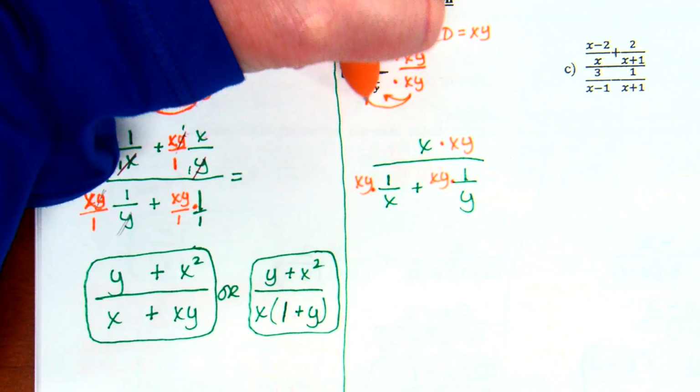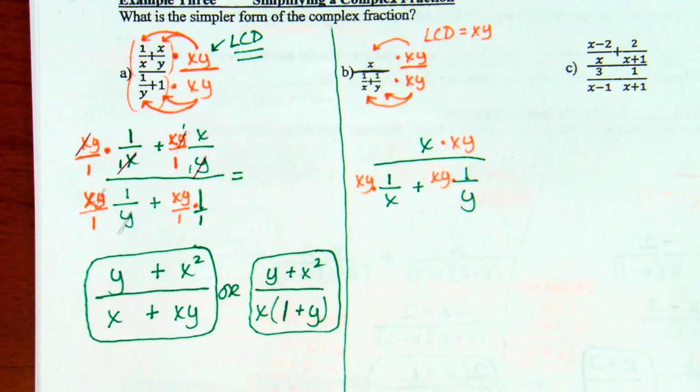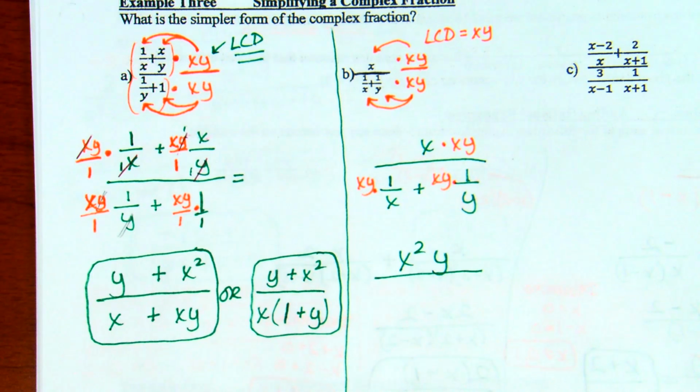So, on top, it's x times xy. What is x times xy? X squared y. So x times x makes it x to the second, and then the y tags along.